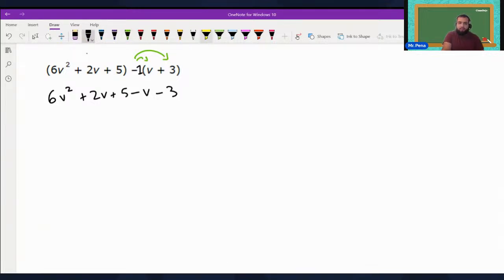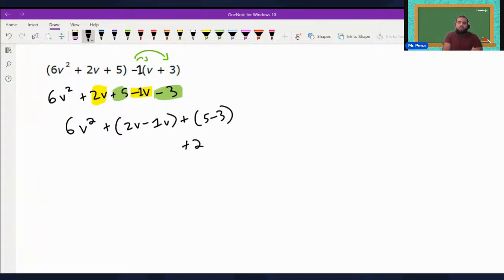Again, let's combine like terms. 2v, negative 1v. Now this is where the change comes in. Positive 5 and negative 3. That changes everything. So we have 6v plus 2v minus 1v plus 5 minus 3.